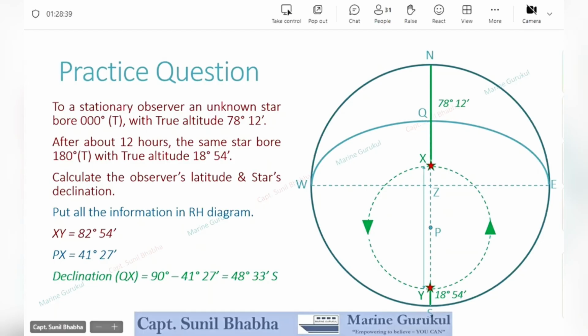Exactly, beta. If 18 54 was north and 78 12 was south, then it would be the North Pole. Understood, sir. So if they give us intermediate bearings, what about that, sir? We will do those questions also.